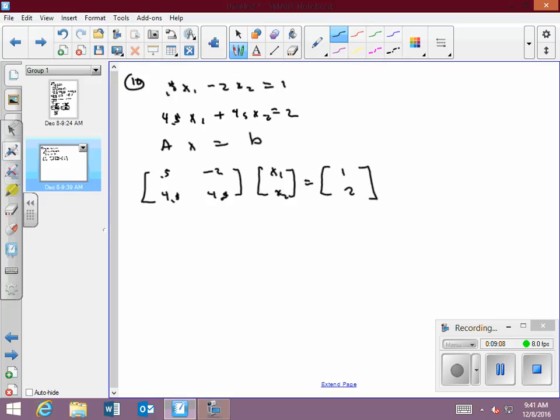So I'm going to write the determinant of A just with the bars.